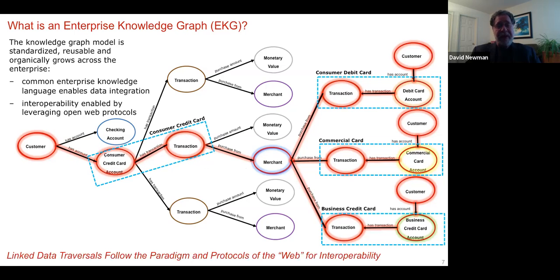So we could better enable enterprise linkage using the semantic web and the web protocol for advanced interoperability.